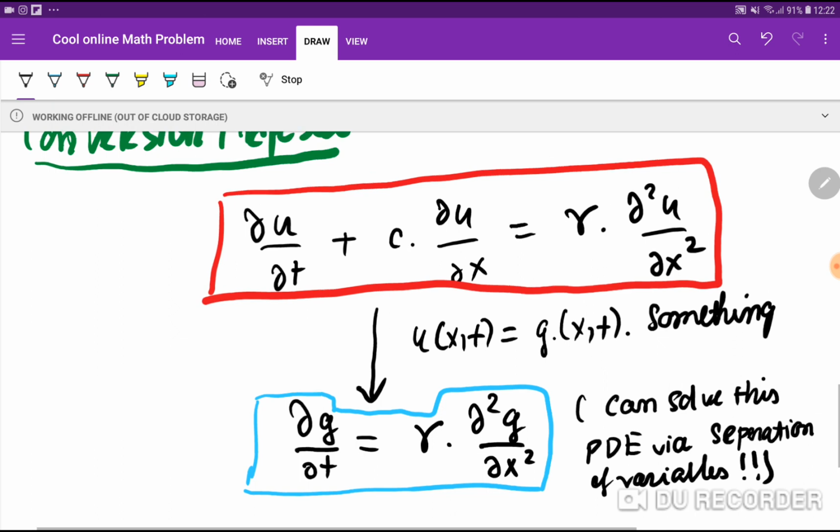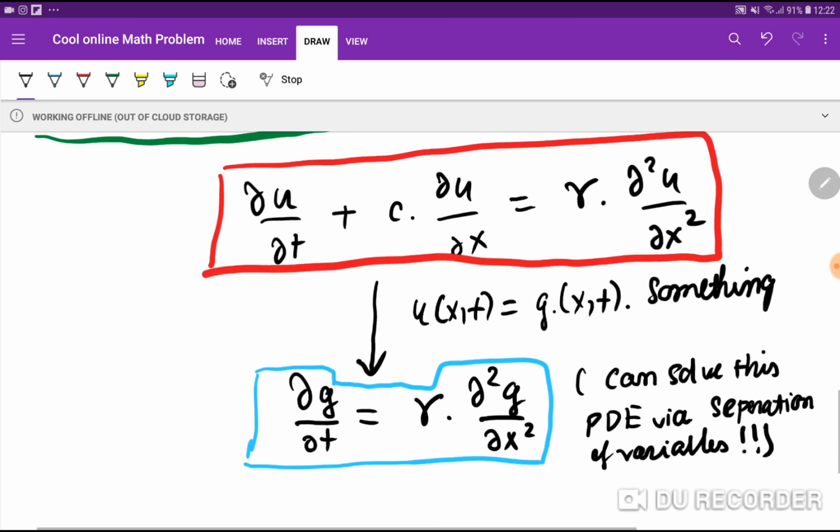This time we won't worry about the boundary conditions, but we just want to convert to something like this. So in summary, we have the original advection diffusion equation. We want to substitute u equal to g of x and t times something, and hopefully after we find that thing, we substitute it in and obtain the blue equation, which is a partial differential equation that can be solved via separation of variables.